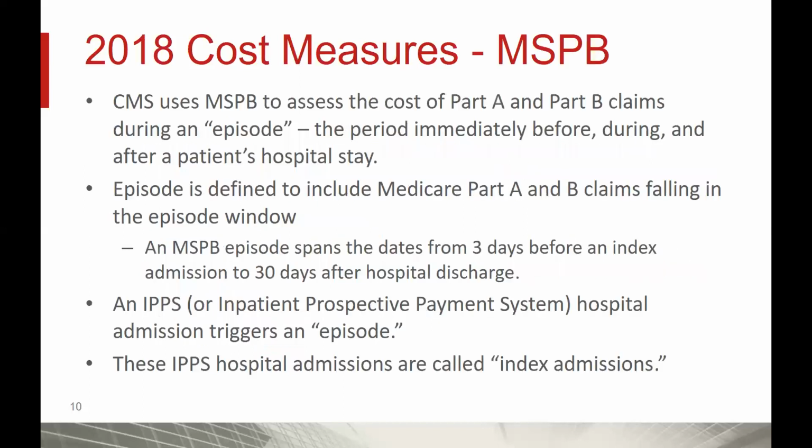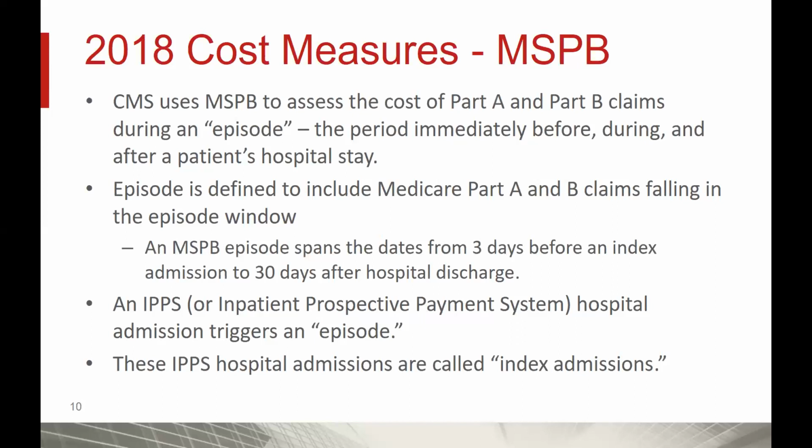So let's talk a little bit more about the Medicare spending per beneficiary, otherwise known as MSPB. So CMS will use MSPB to assess the cost of Part A and Part B claims during an episode, which, as I just explained, is that 3-day period immediately before, the period during, and that 30-day period after a patient's hospital stay.